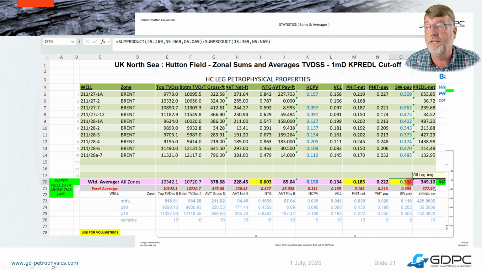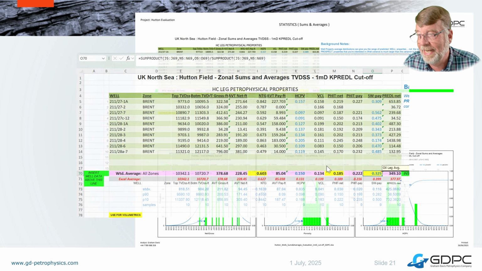And you can see that's quite different actually. That's 32% water saturation compared to the standard Excel average of 39. So that's just something to watch out for. It's frequently not averaged correctly. When you get a table of numbers, it's tempting to just do the average, but that's not correct. So anyway, there you have it.